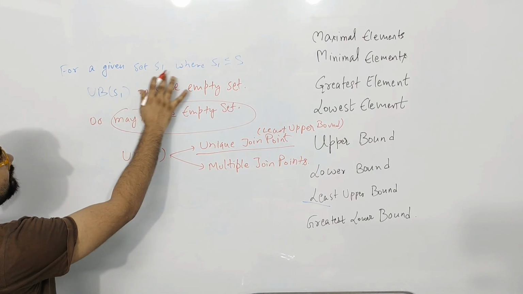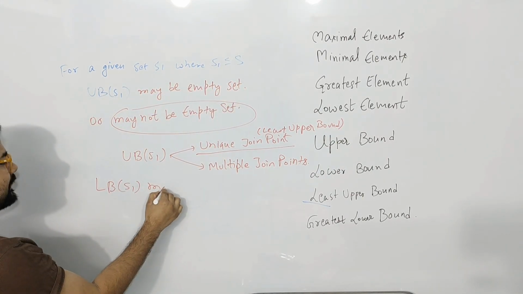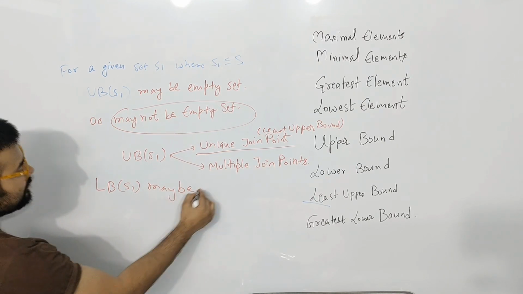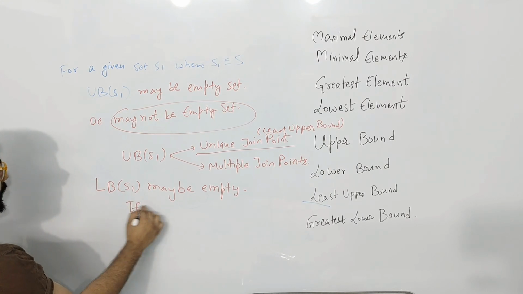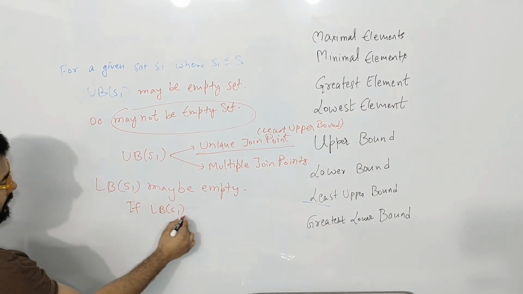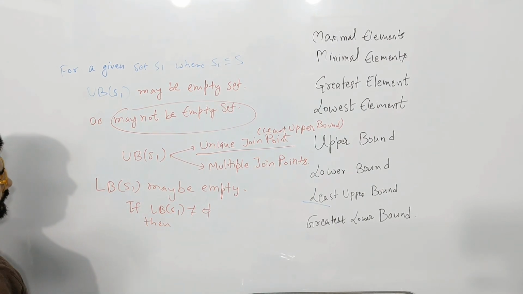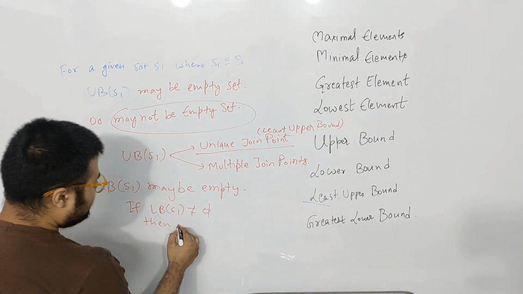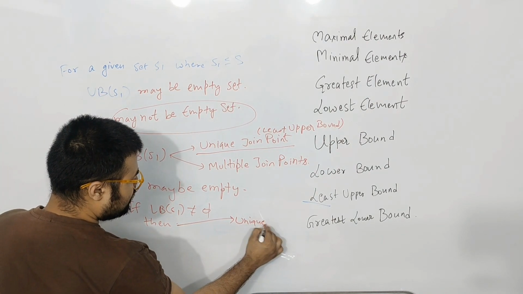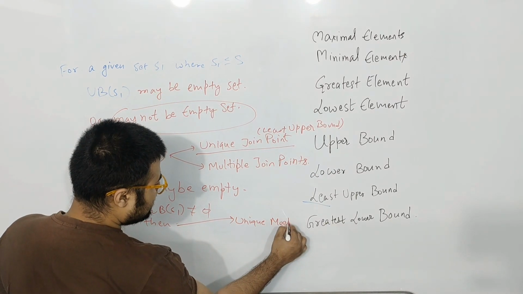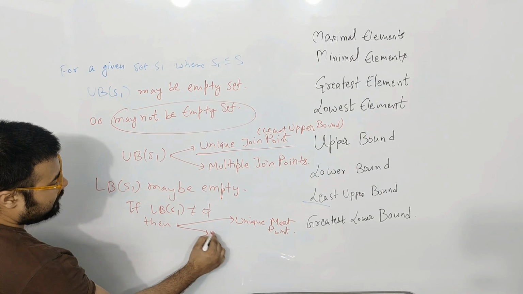Similarly, for a given set S1, where S1 is a subset of S, the lower bound of S1 may be empty. If the lower bound of S1 is not equal to phi, then you may have a unique meet point or multiple meet points.